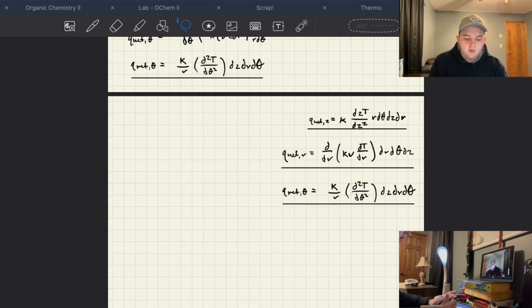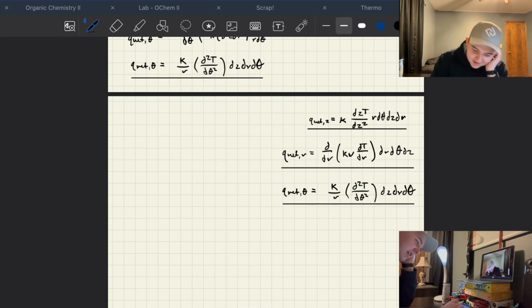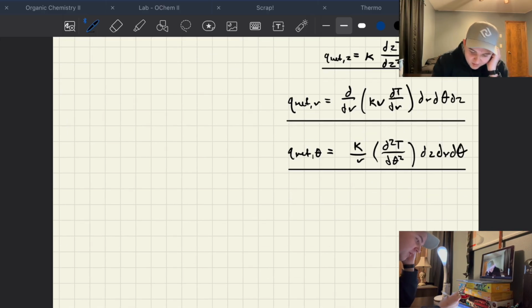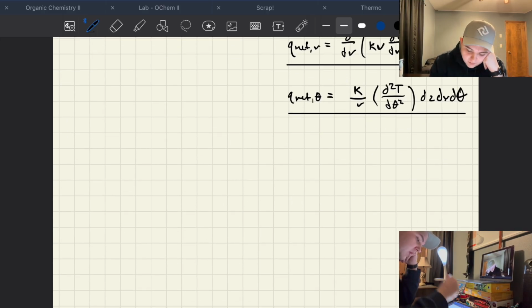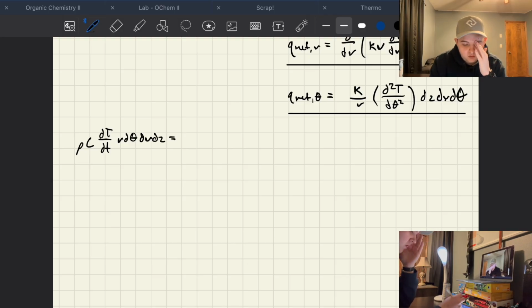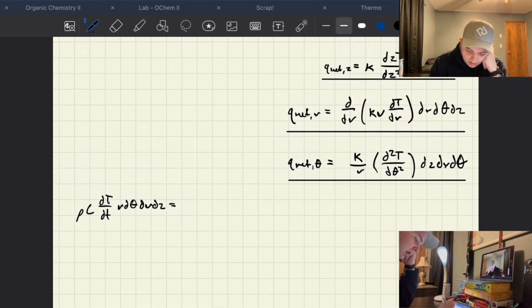Okay, so I'm going to quickly hop into this because this is hard to remember, but starting with our energy balance, we're going to get rho C dT/dt, and then we're going to have our area, d theta dr dz, and that's going to be equal to all of these combined, which we can pull out a k.